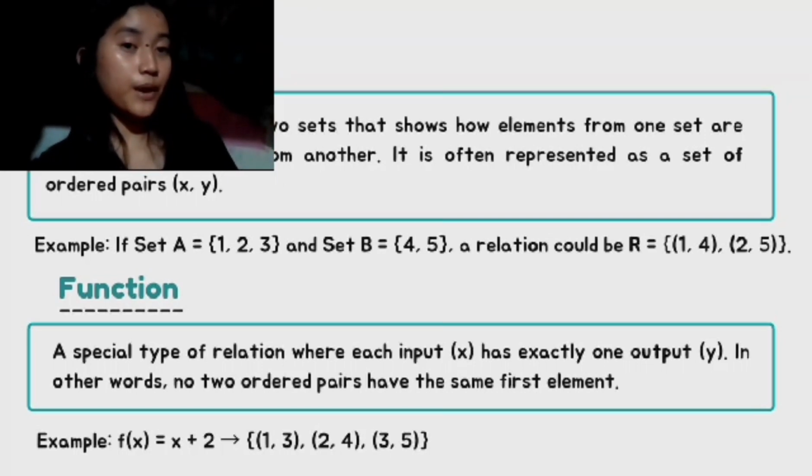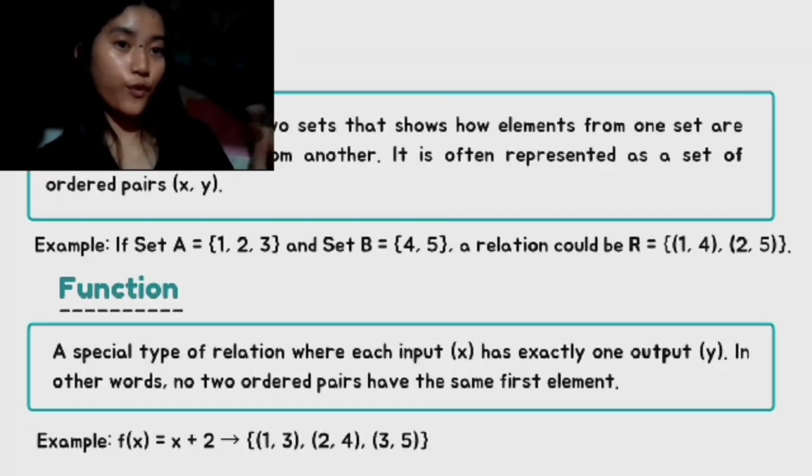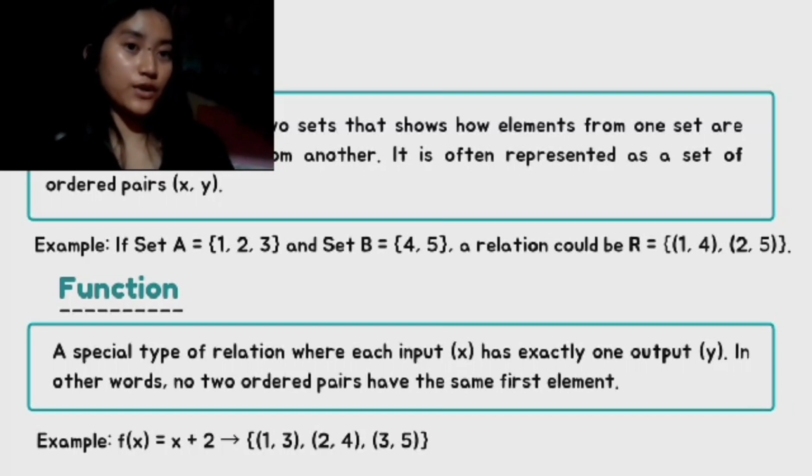As you can see in the given example, the function can be written as the set (1, 3), (2, 4), and (3, 5). The first numbers are the inputs and the second numbers are the outputs, and as you can see, there are no repeated inputs. So that is how a function works.